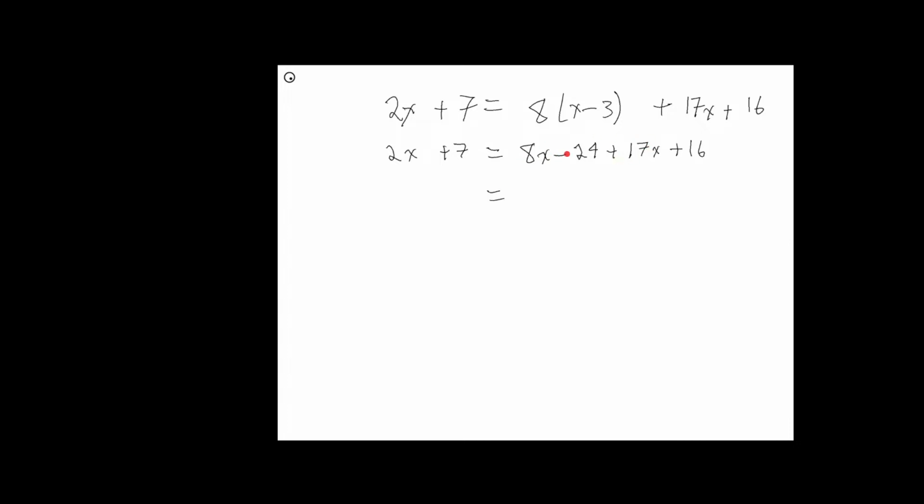Combining like terms, I can see that 17x and 8x combine. If I'm doing the order of operations, I need to do addition and subtraction left to right. But I can swap things around because this is really all addition, especially if I consider the subtraction as adding a negative. So this can just be 8x plus 17x minus 24 plus 16. Then I can keep simplifying and get 25x, combining like terms and not unlike terms, and then minus 8.